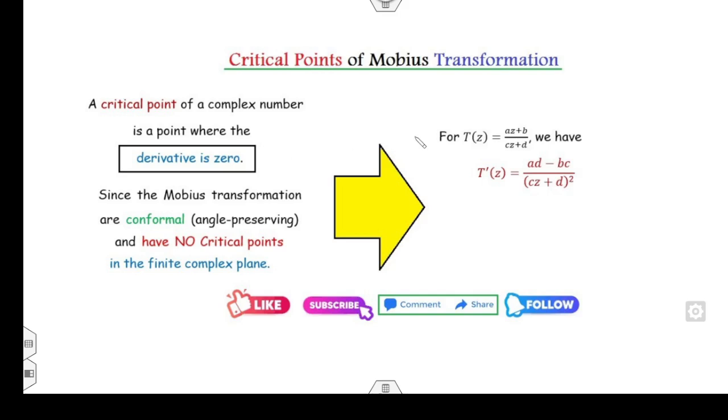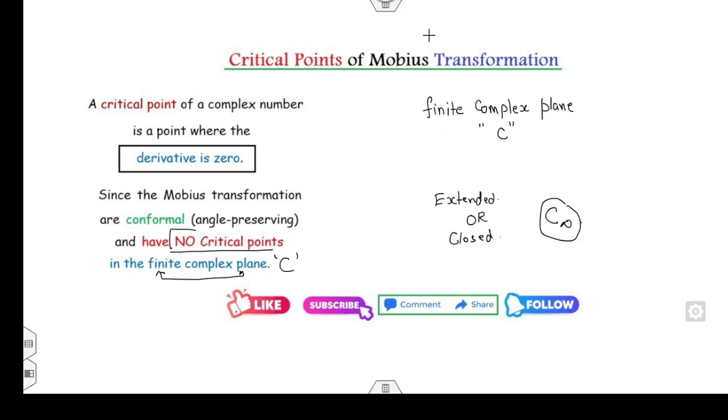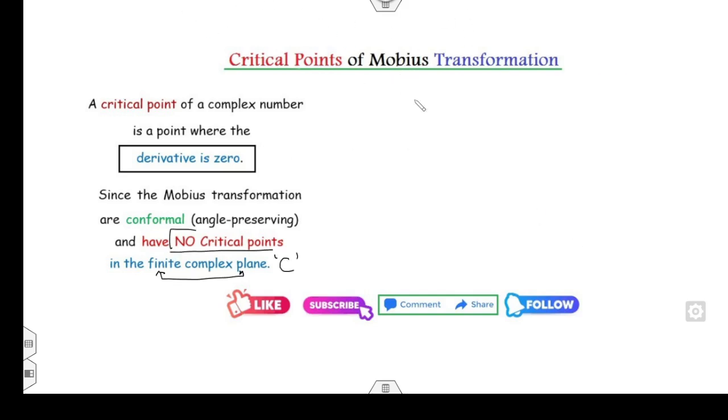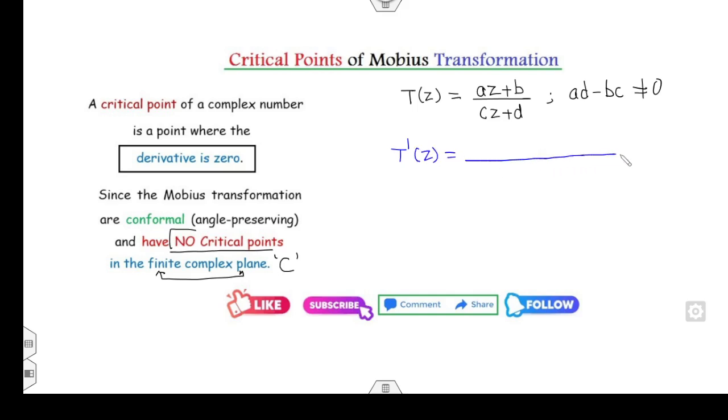So for the case, I can derive for you, whenever you have the Mobius transformation T(z) = (az + b)/(cz + d) such that ad minus bc is non-zero. Can you find the value of the derivative? If you take the u over v rule, it is (cz + d) times a minus (az + b) times c.